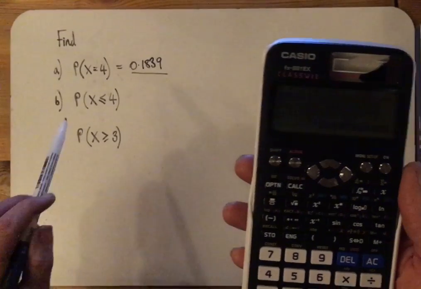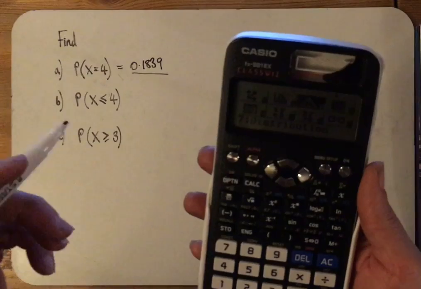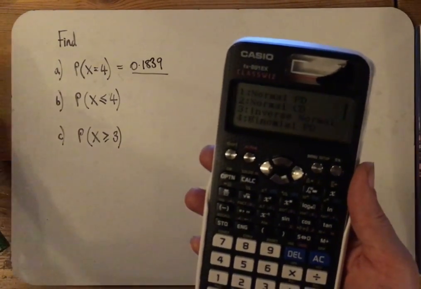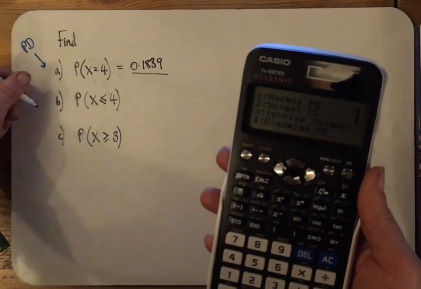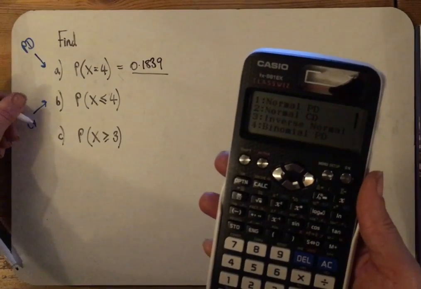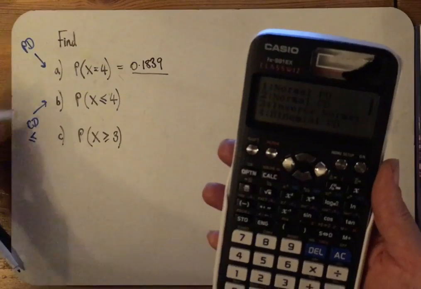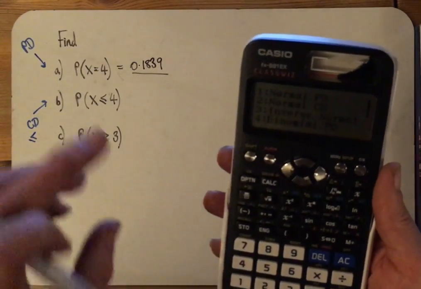Right, to find the probability that x is less than or equal to 4, we need to go back into this menu and do binomial CD. So PD gives you a value, and CD is cumulative, so this gives you less than or equal to your particular value. We want the probability x is less than or equal to 4.